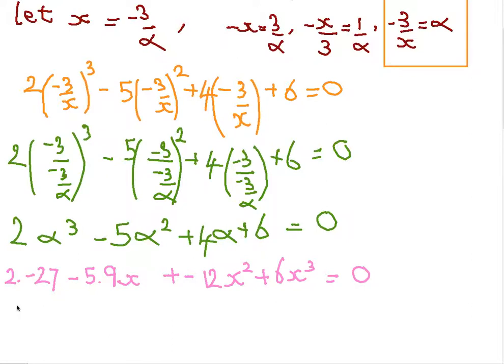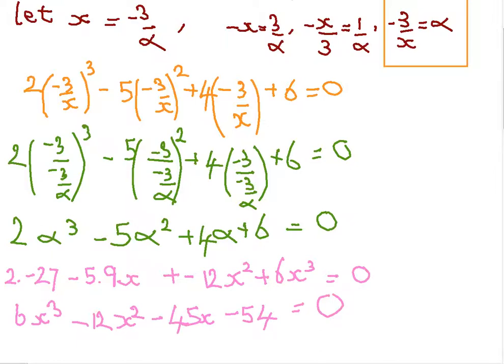Well, that's 6x cubed minus 12x squared minus 45x minus 54 equals 0. And there we have our answer, there we have our solution.